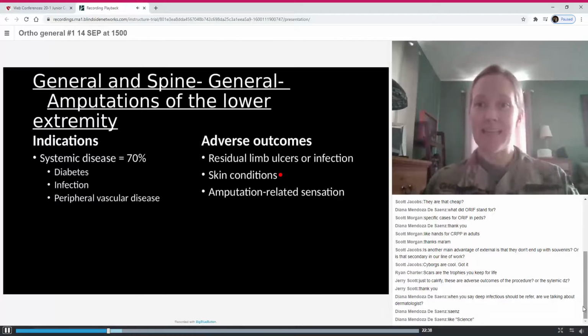Okay, skin conditions like psoriasis, we talked about. And then amputation-related sensation. You may have heard of this as phantom limb. They have sensation distal to their amputation, or pain is usually the sensation that they have, unfortunately, distal to that amputation point.